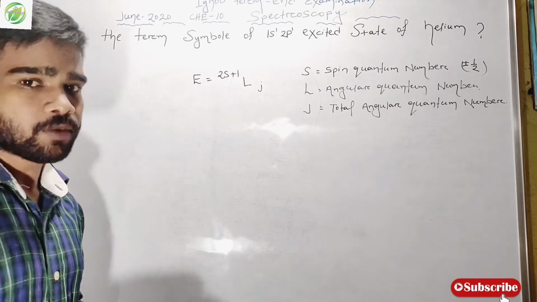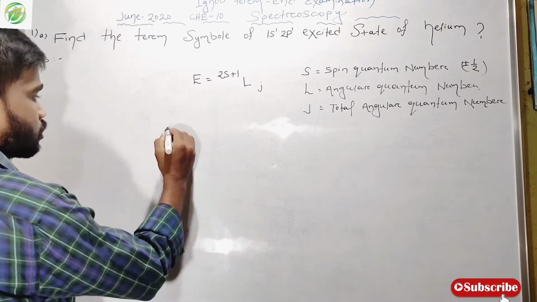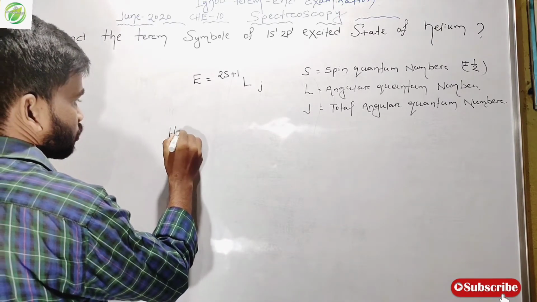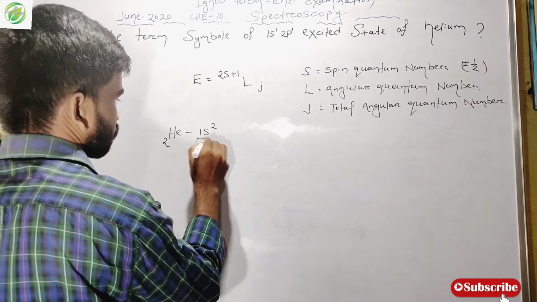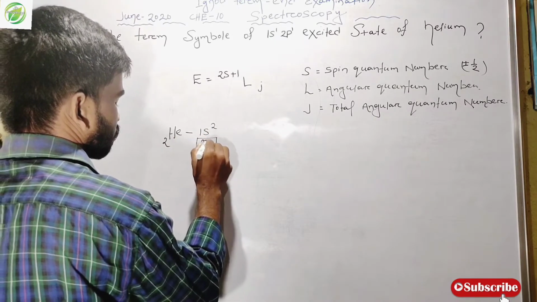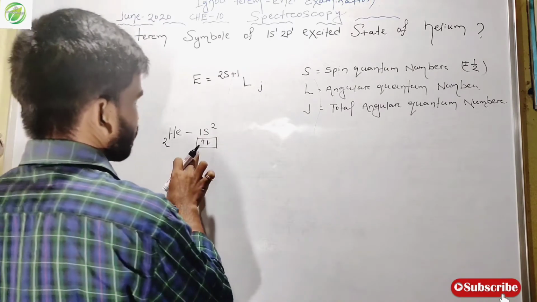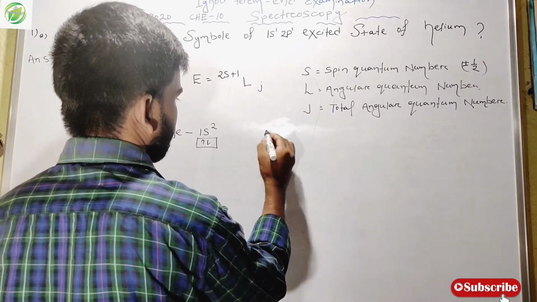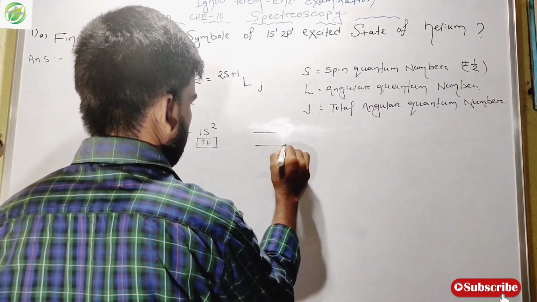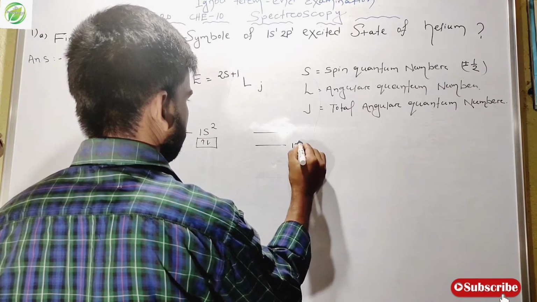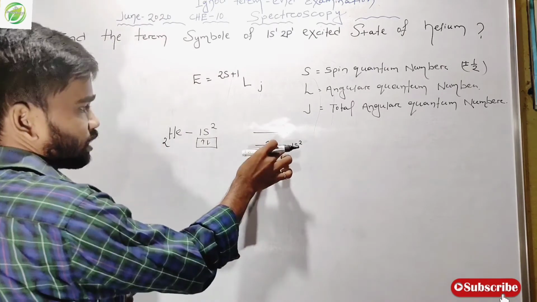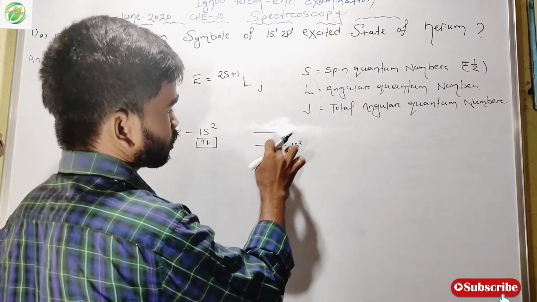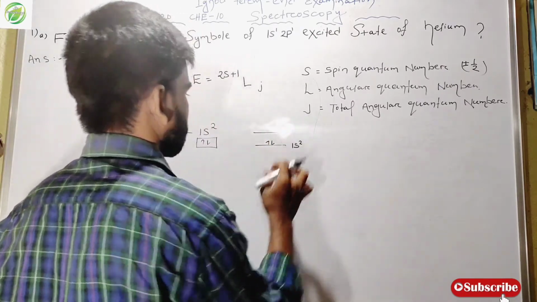Friends, in the case of helium, two electrons are present. We represent them in an energy diagram. These two electrons are present in the ground state. This is the ground state, this is the excited state.